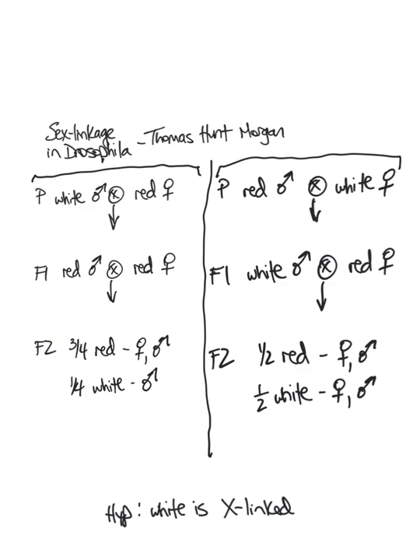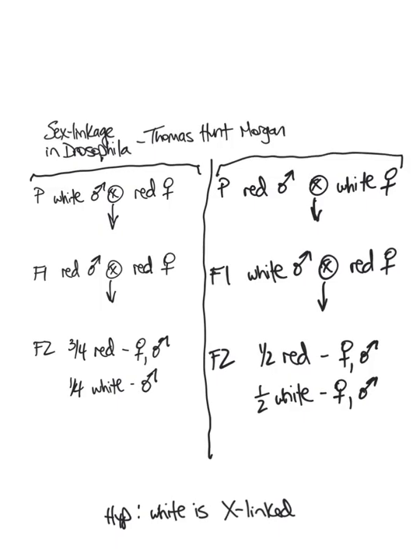So let's go back to these crosses and hypothesize that the white gene is found on the X chromosome. Let's see what we would expect in terms of the genotypes of these individuals, and whether our expected genotypes are consistent with what Morgan observed in the phenotypes.